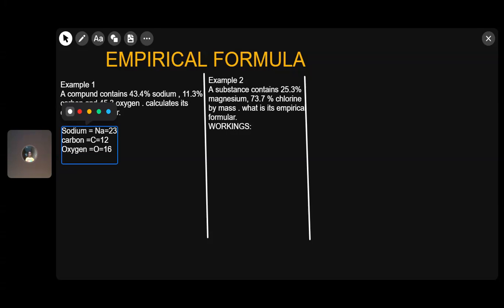So now we're going to be using the percentage composition. The formula is: the percentage composition of the elements divided by the relative atomic mass.